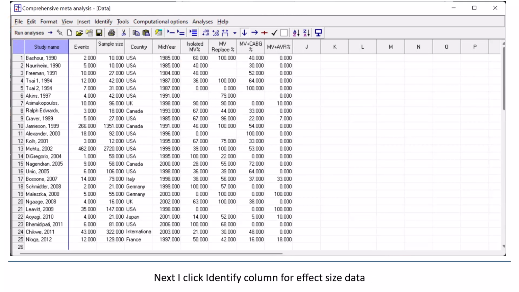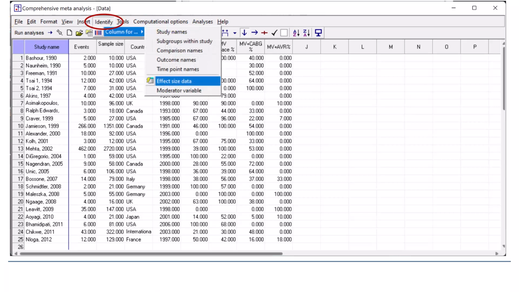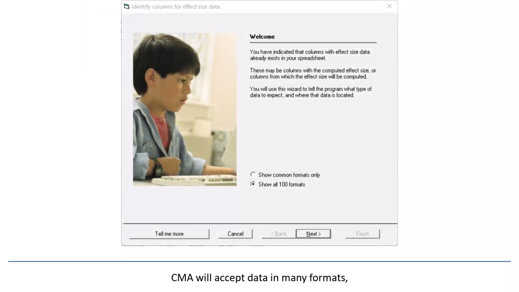Next, I click Identify Column for effect size data. The program opens this wizard. CMA will accept data in many formats, and so I need to tell the program which format I want to use. I also have the option of entering data for some studies in one format, for other studies in a second format, and so on.